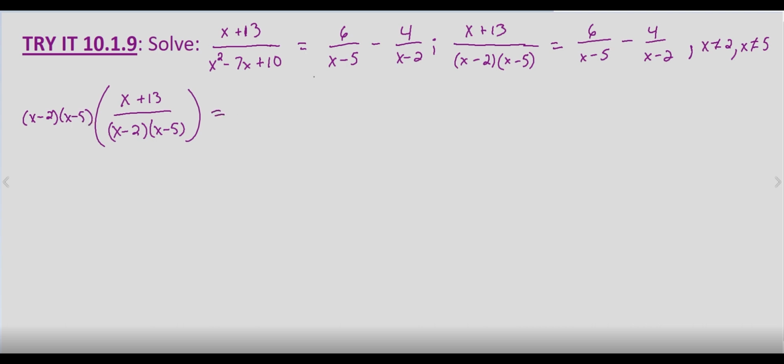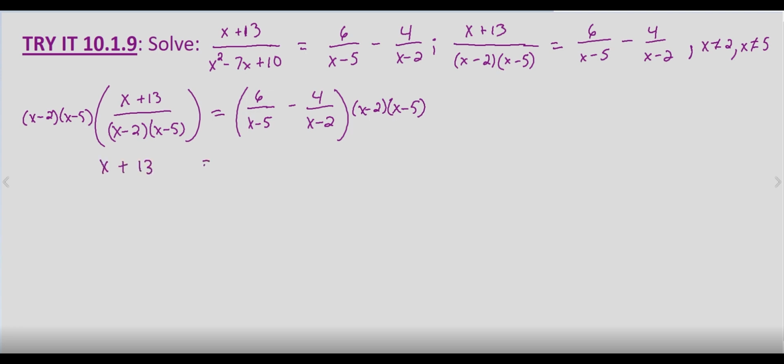And then the right-hand side of the equation, we have 6 over x minus 5 minus 4 over x minus 2, and we're multiplying that all by x minus 2 times x minus 5. On the left-hand side, the denominator cancels because we're multiplying by the denominator, so we're left with x plus 13.